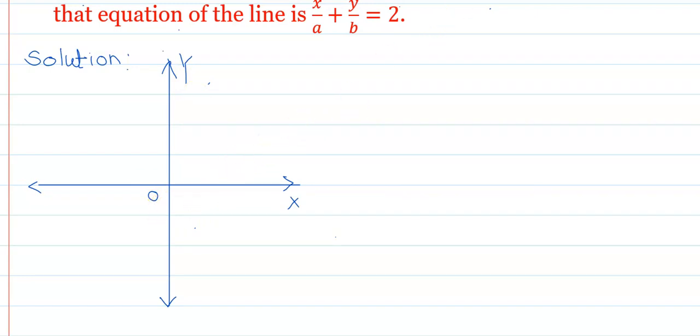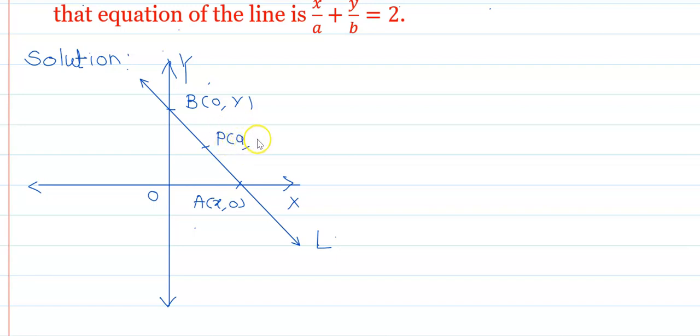Now there is one more line segment. It's a line L. It intersects the x-axis at the point A, whose coordinate is (x, 0), and the y-axis at the point B, whose coordinate is (0, y). Now here P is the midpoint of this segment AB, whose coordinate is (a, b).